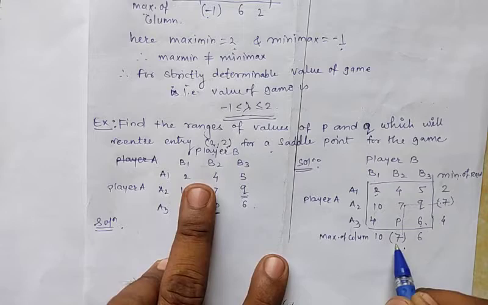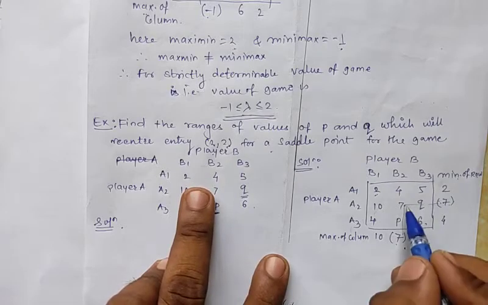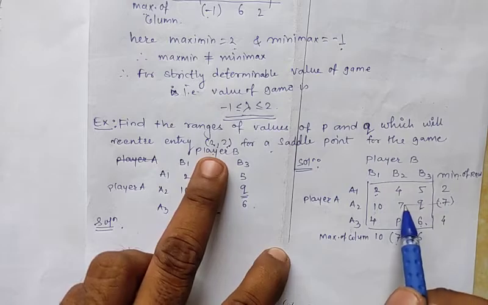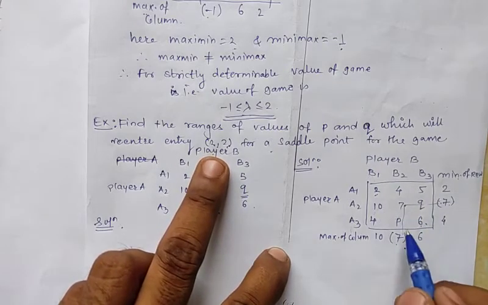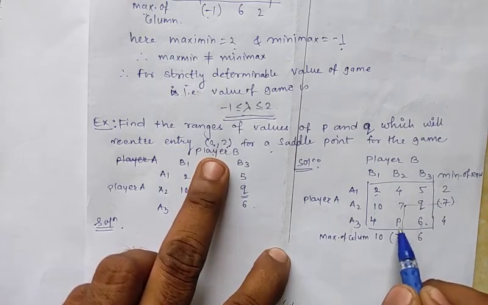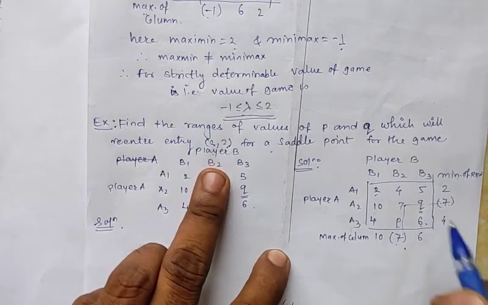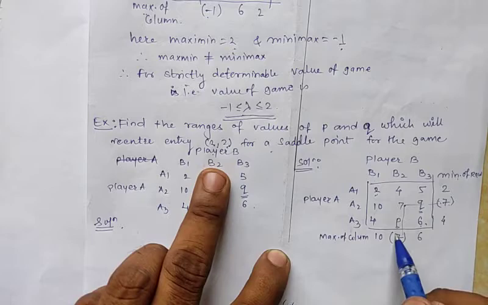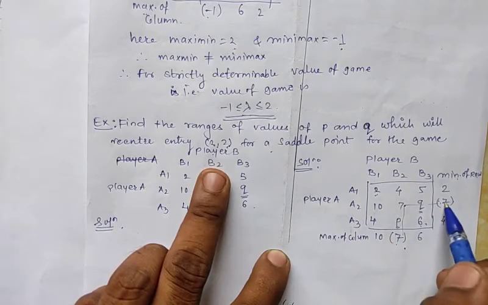So in this case, we always get (2,2) as the saddle point. Now we will find out the values of P and Q. So what is value of P? Here we want value which is 7, and here we want value which is again 7.